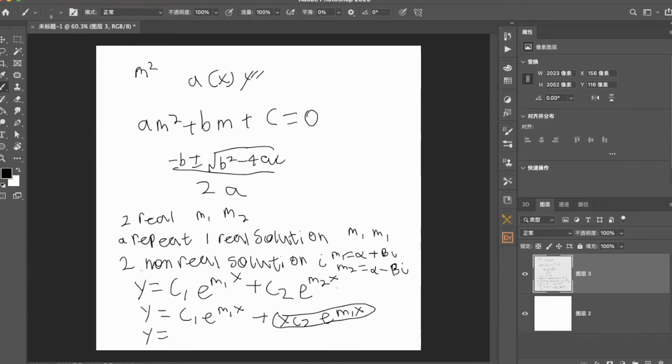Then your solution will be c1 e to the alpha x cosine bx plus c2 e to the alpha x times sine bx. This is for a complex root. So now we know how to do those kinds of questions. Shouldn't we try an example?